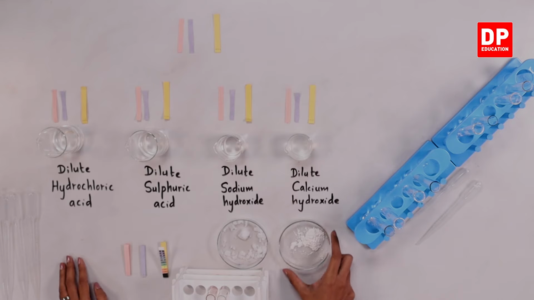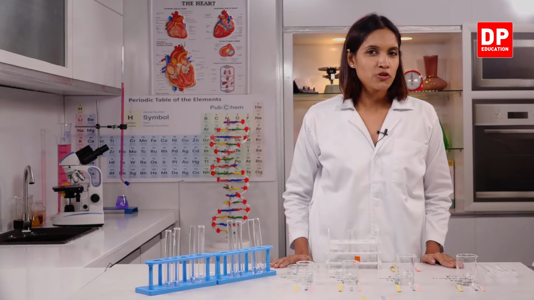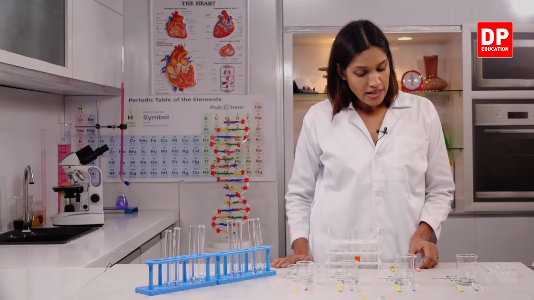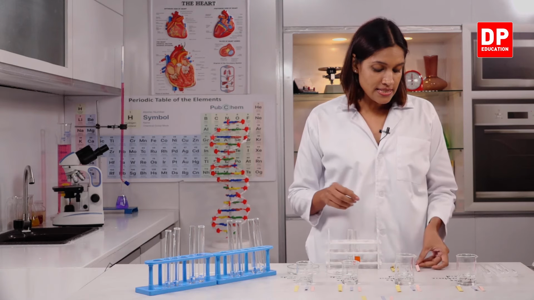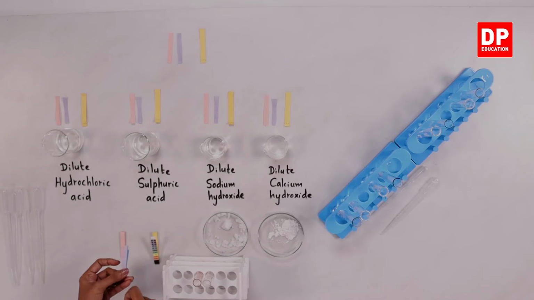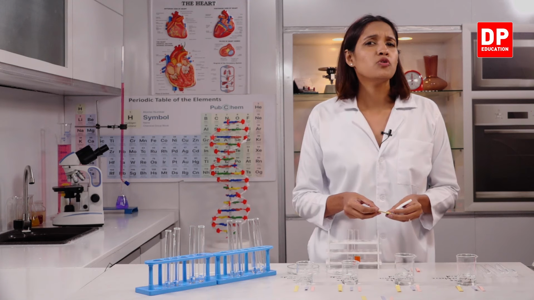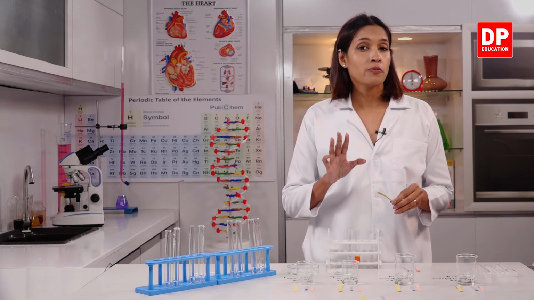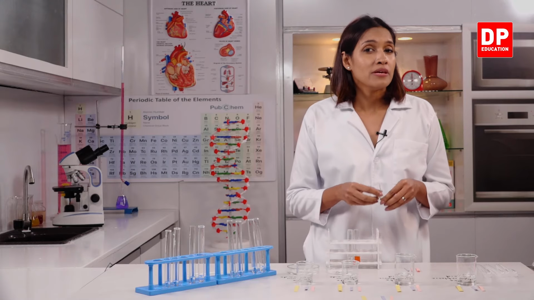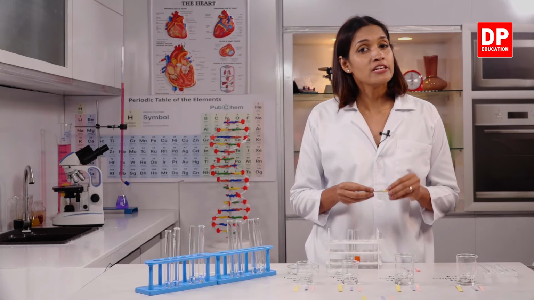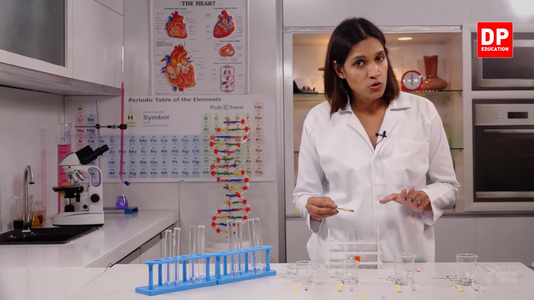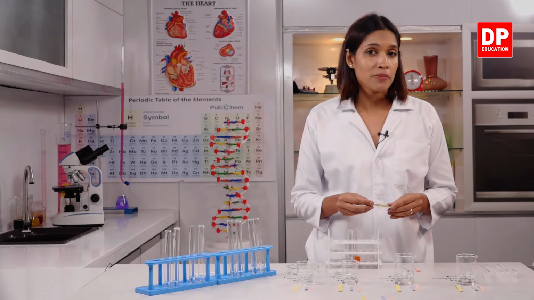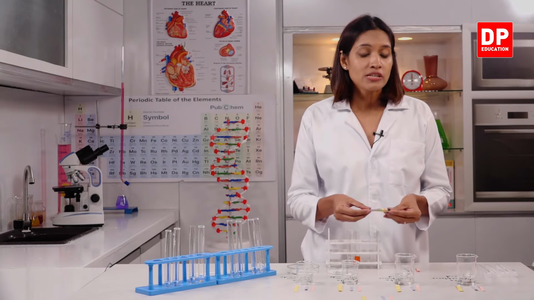Okay children, so what are the indicators that we are going to use now? Here we have red litmus, blue litmus, which we already used, and here we have the pH paper. I hope you all remember I explained about pH paper. By using the pH paper, we can identify strong acids, weak acids, strong bases and weak bases, because it has a special color code.